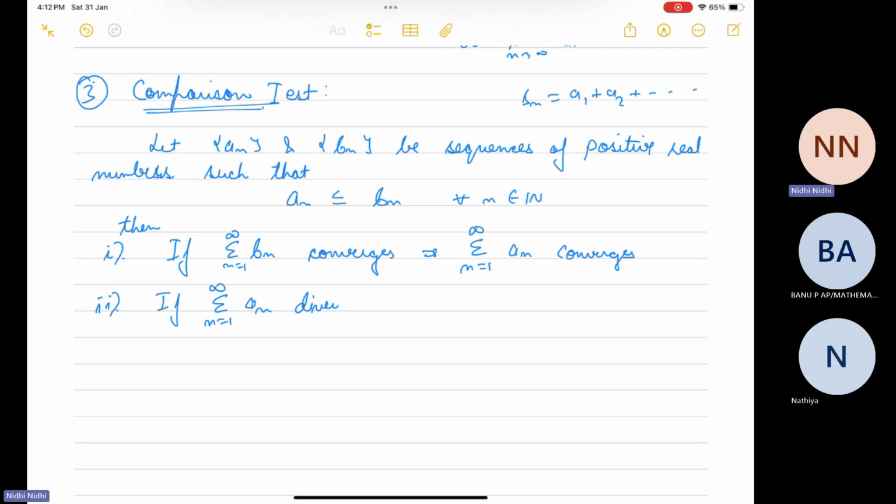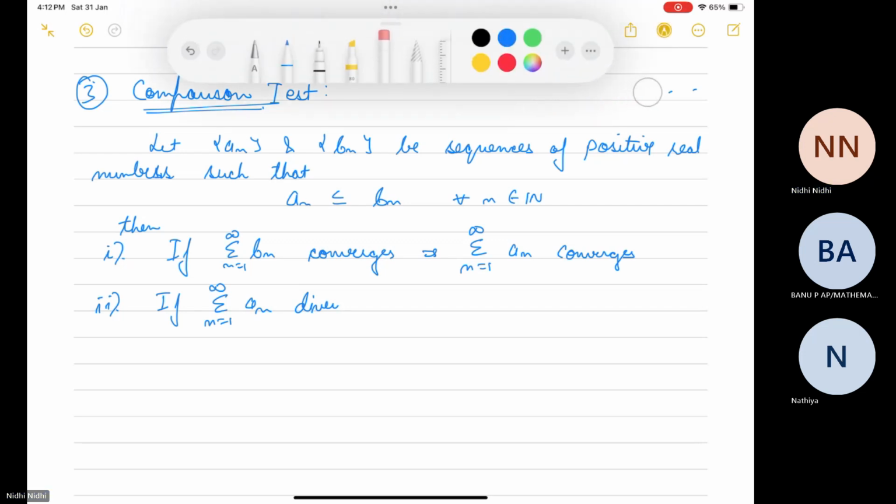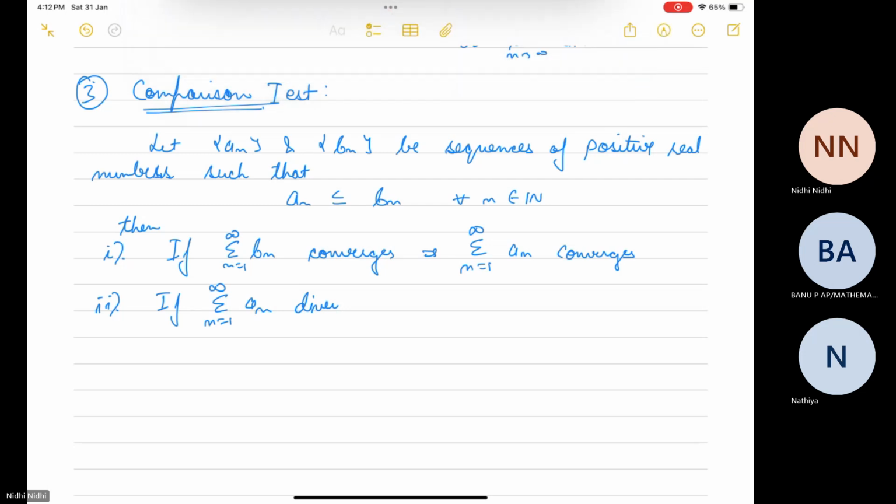So when we are saying that the sequence Sn is diverging, that means it is eventually going to infinity. Obviously, if the smaller one is going to infinity, the larger one will be going to something larger than that, which is again infinity. Summation n from 1 to infinity bn diverges.